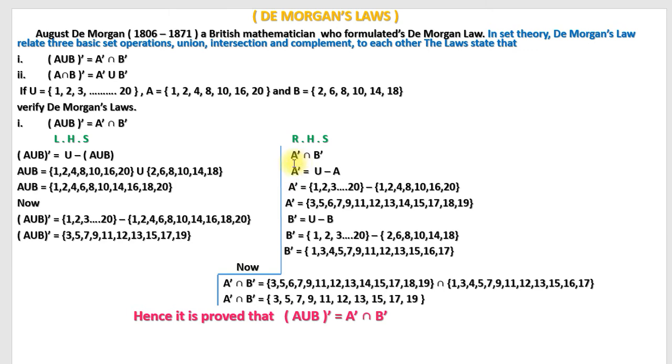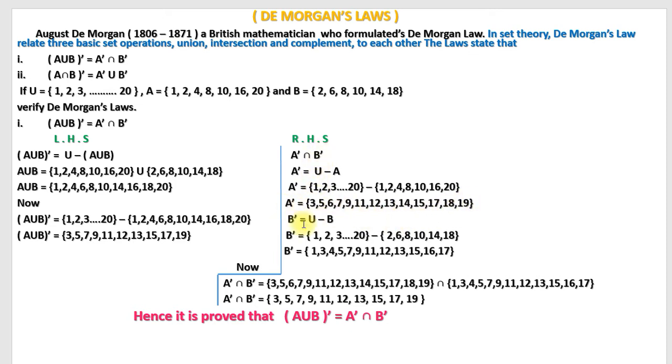First we will find A complement, and A complement stands for U difference A. First we write the elements of U, and then the elements of A. We take the set containing those elements that are in U but not in set A. See here also the missing numbers: 3 is not in set A, 5 is not there, 6 is not there, 7 is not there, 9 is not there, 11 is not there, 12, 13, 14, 15, 17, 18 and 19. So this will be our answer.